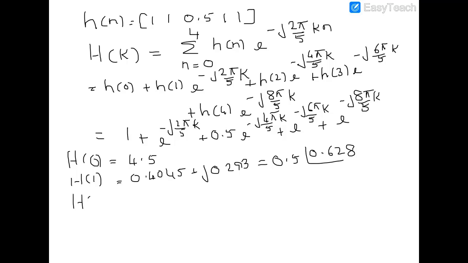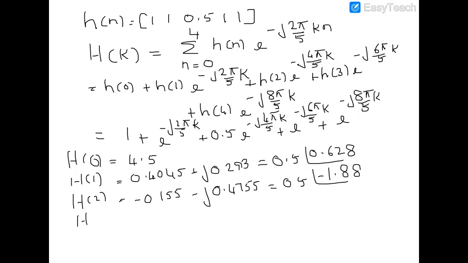H of 2 is given by minus 0.155 minus j 0.4755. That gives us 0.5 at an angle of minus 1.88.